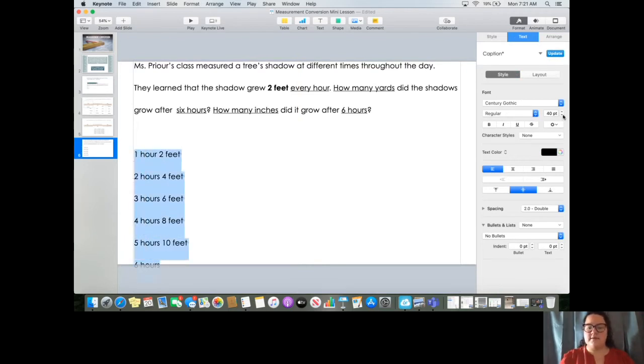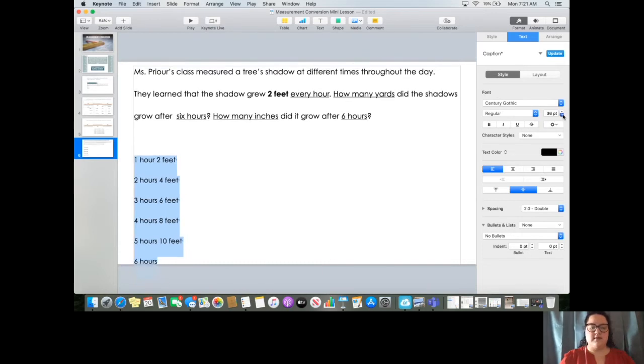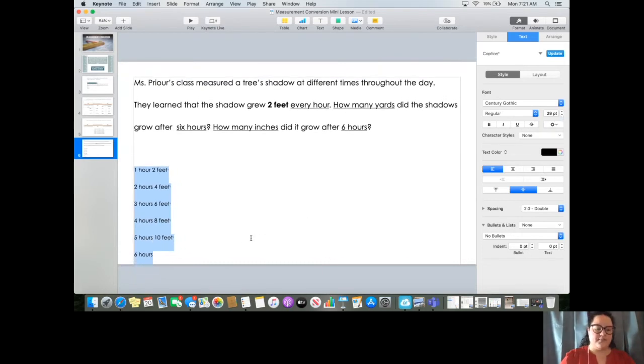That's right, friends. 12 feet. So now we know that at 6 hours, we were at 12 feet.